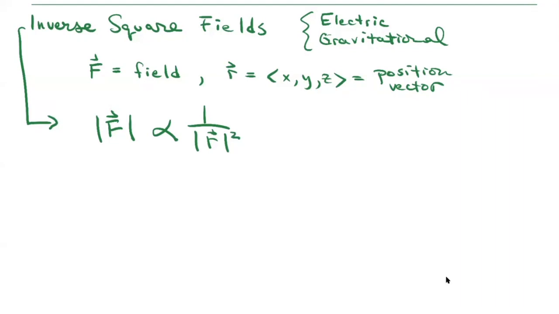The magnitude of a position vector is the distance to the origin. So this is the intensity of the field.